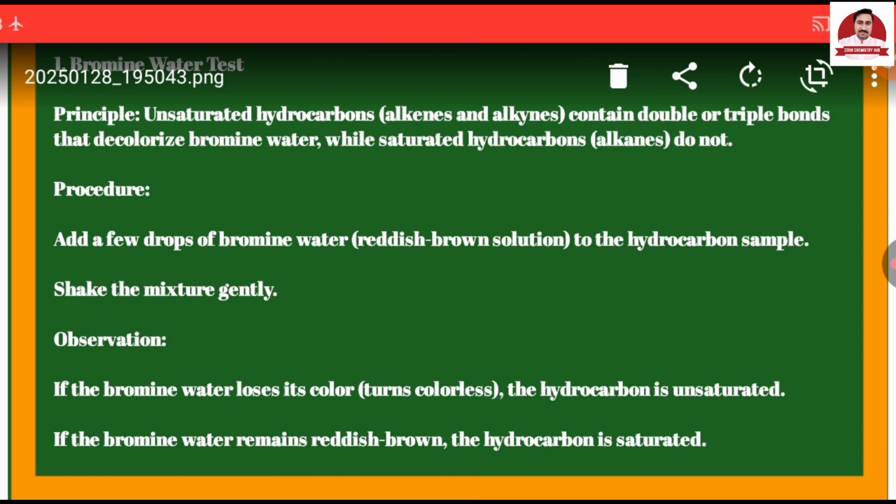The unsaturated hydrocarbons change the color of bromine water from reddish brown to colorless, and saturated hydrocarbons do not change the color of bromine water.